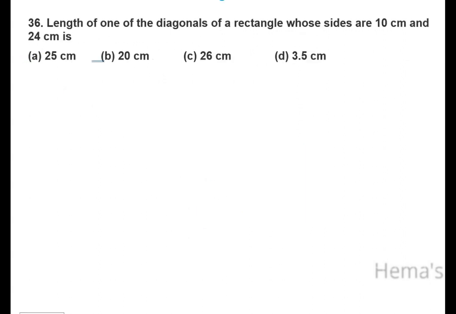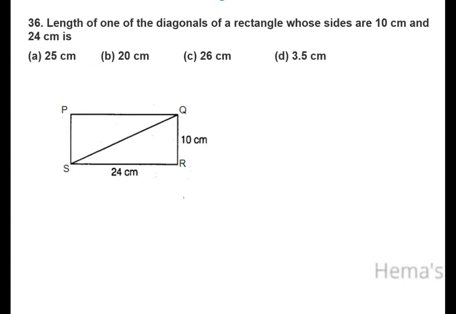Question 36. The length of one of the diagonals of a rectangle whose sides are 10 centimeters and 24 centimeters is. Let PQRS be the required rectangle whose sides are 10 centimeters and 24 centimeters, and we have to find the length of one of the diagonals. Let this diagonal be SQ.